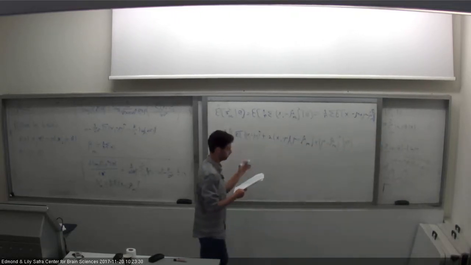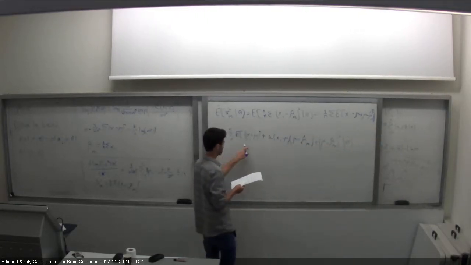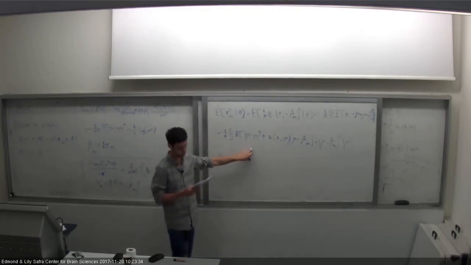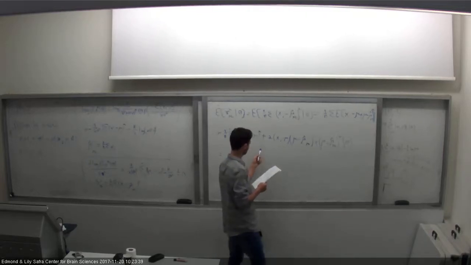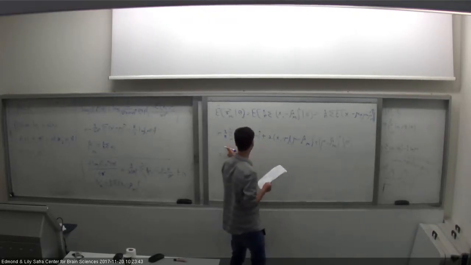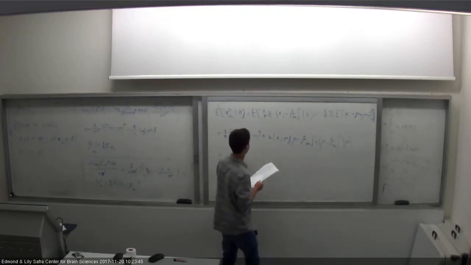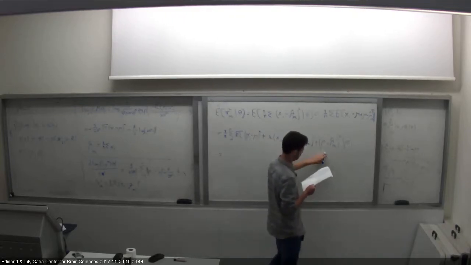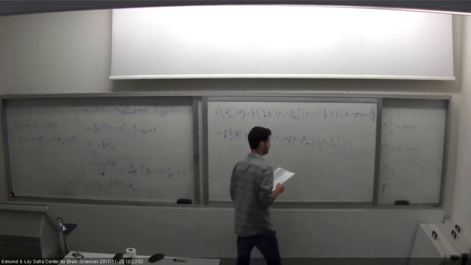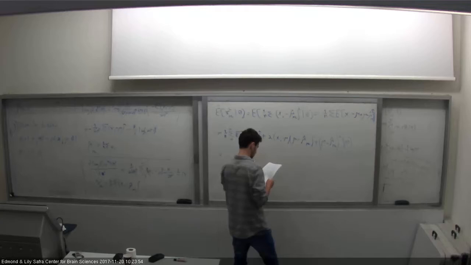We can open it. We can take the expectation inside it, and this also gives the variance.